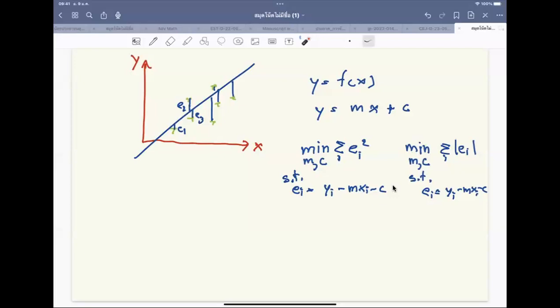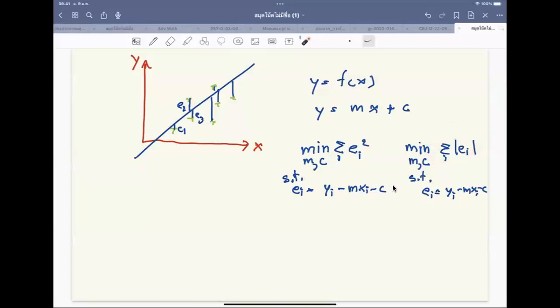You see that if some data point is far away from the prediction, it will be penalized by square, right? Much larger than absolute. Okay, so in average, of course, absolute is all right.